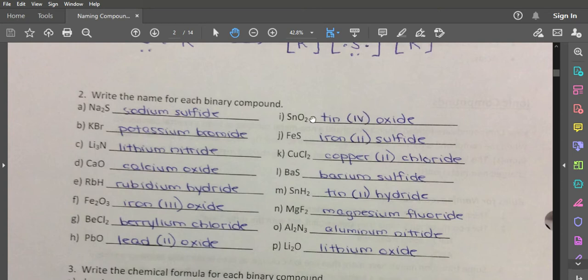So this 2 is telling me that I'd want to write the Roman numeral 2, right? That would make sense. However, when we do a crisscross, we also try to get into that lowest common denominator type of stuff. So if we look at the periodic table, we can see that oxygen has a 2- charge, right? But there is no 2 after Sn for tin.